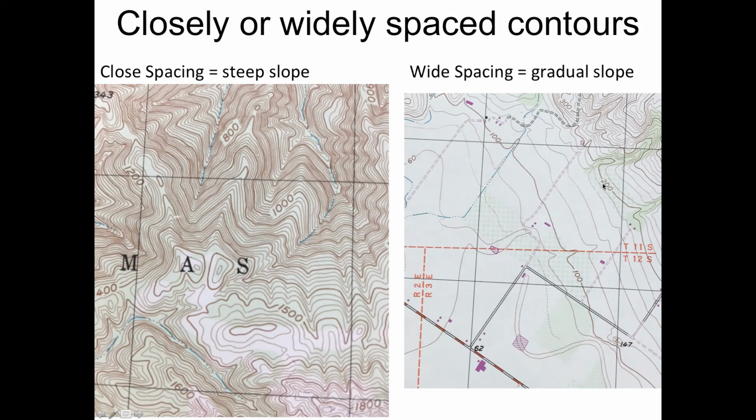And so that wide spacing indicates gradual slope. So when you see contour lines close together, think steep slope. When you see contour lines spaced widely apart, think it's kind of flat. It's kind of a gradual slope, okay? And we'll be practicing this in our handout.